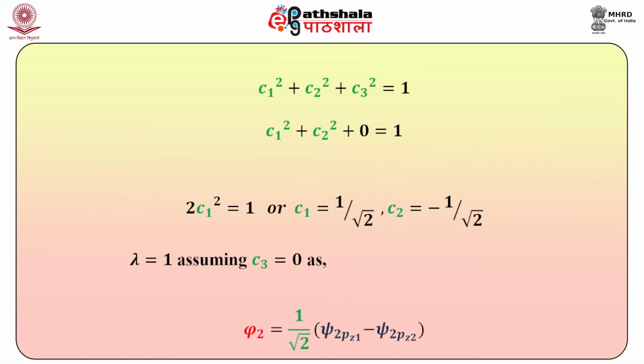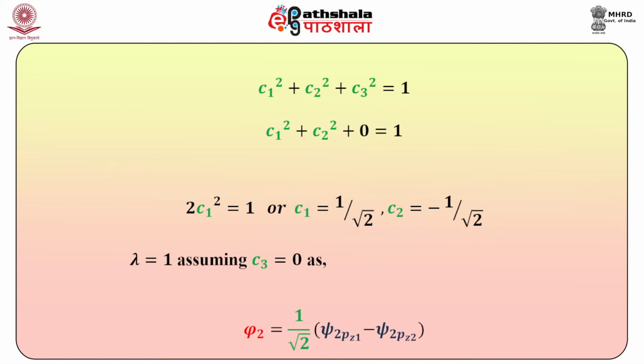And therefore, using these two sets of equations, one can calculate the corresponding values of C1 and C2 when C3 is equal to 0. These two values come out to be, as you can see here, C1 is equal to 1 upon under root 2 and C2 is equal to minus 1 upon under root 2.